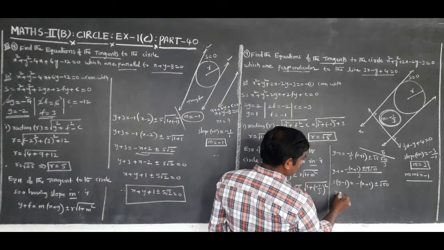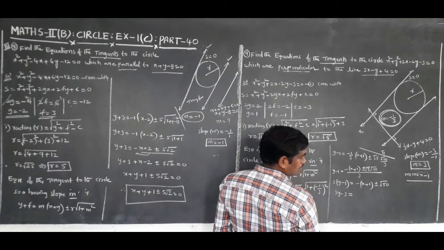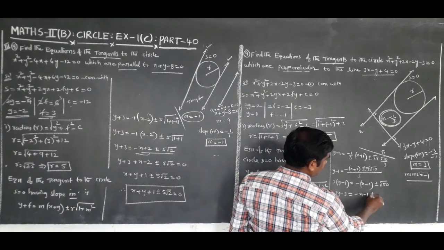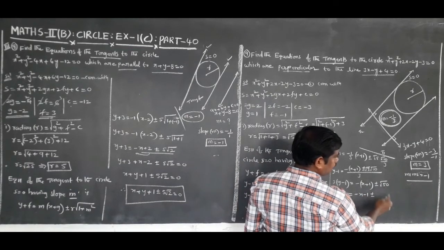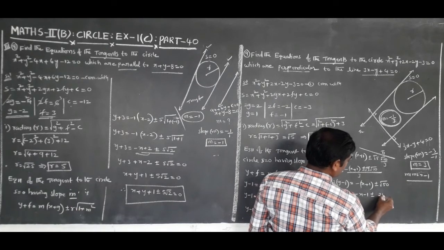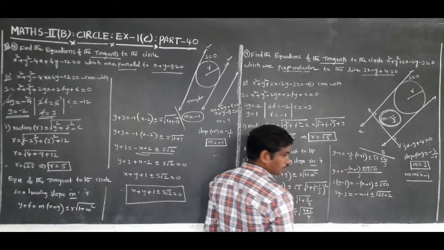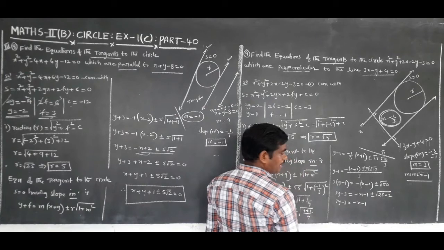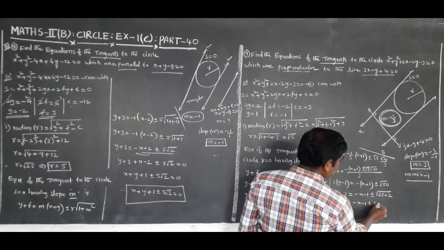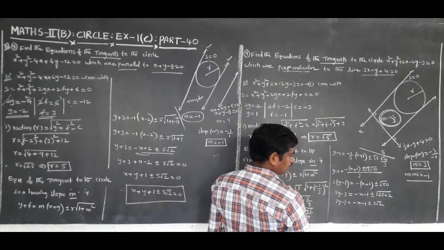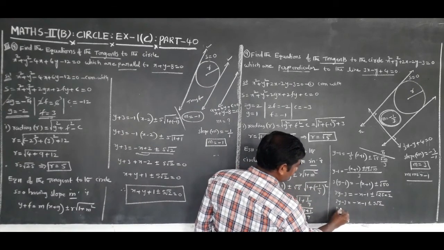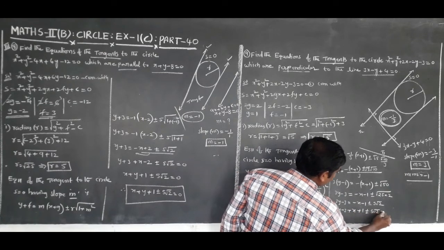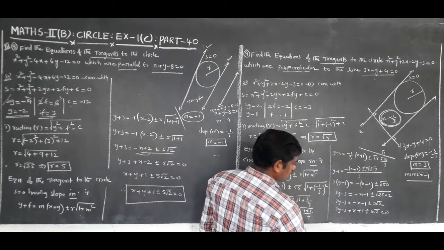So 3y minus 3 is equal to minus x minus 1 plus or minus root 50, which is root 25 into 2, that is 5 root 2. Taking all values to the left side, 3y minus 3 plus x plus 1 plus or minus 5 root 2 is equal to 0.